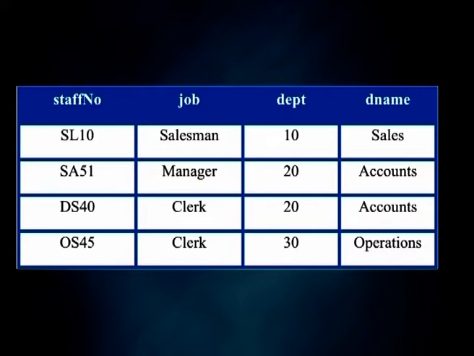In the given relation, the attribute d name is functionally dependent upon attribute department. This means that corresponding to the value 20 for the attribute department, there is always a mapping to the value accounts in the d name attribute.